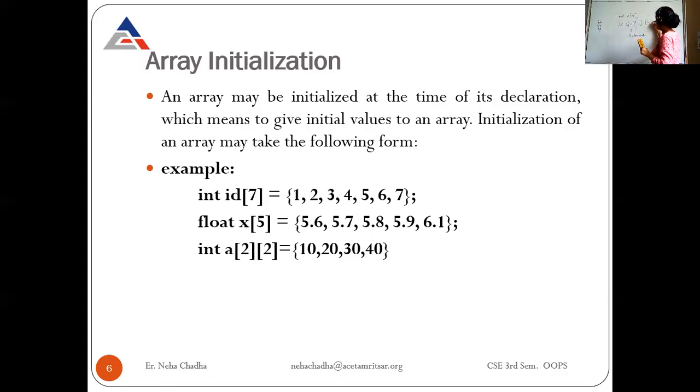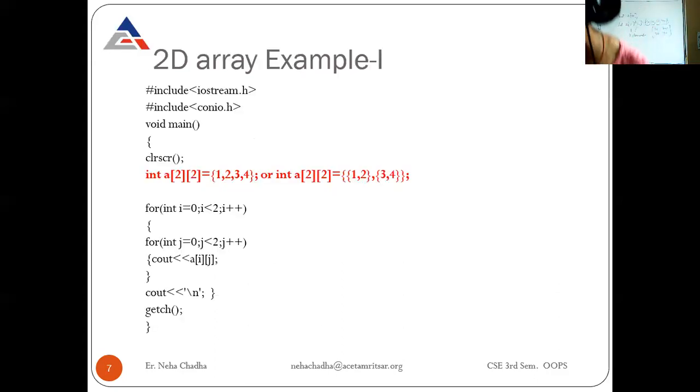You may write any elements, depending upon your usage. That means 10, 20, 30, 40. The first two will define the first row elements. The second two elements will define the second row elements. The compiler will understand your elements this way. This is the way by which you can initialize your array in 2D also. Okay.